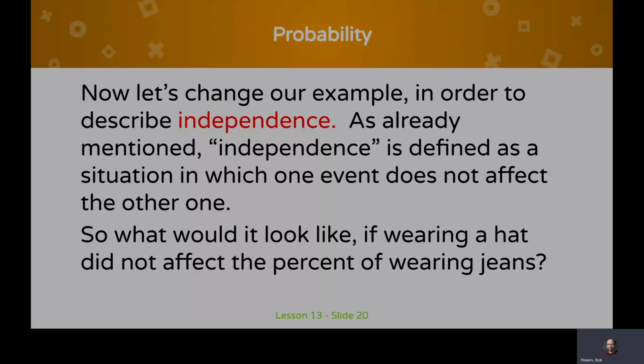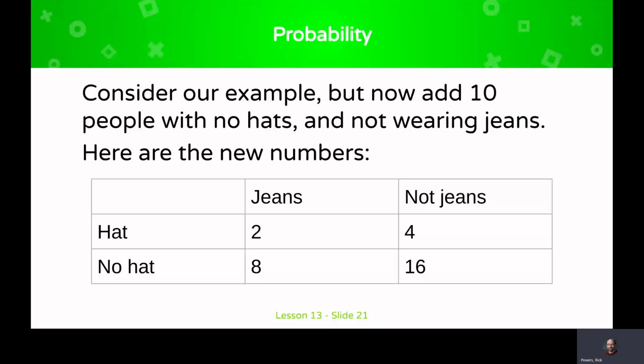Consider our example, but now add 10 people with no hats and not wearing jeans. Here are the new numbers. Hat and jeans wearing 2. Wearing a hat but not wearing jeans is 4. No hat but wearing jeans is 8. But now no hat and not wearing jeans is 16.